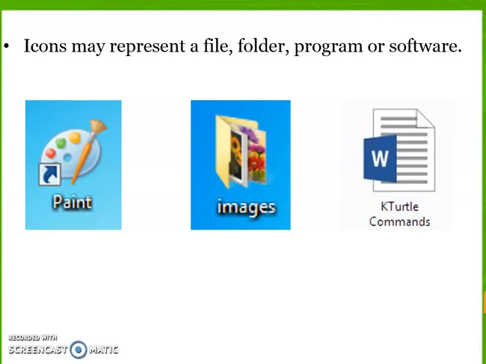These icons also represent some folders, like an images folder that has all the images, like KTurtle commands. This is a Word file, which means this represents a Word file. When you double click on the icon, it will open.